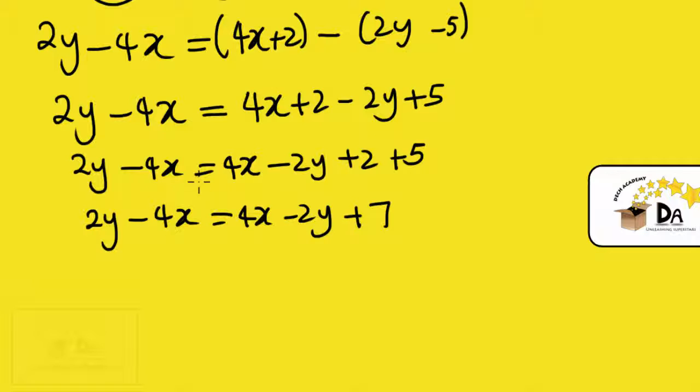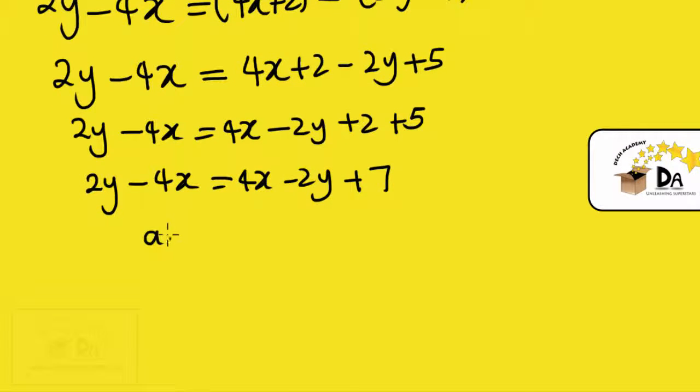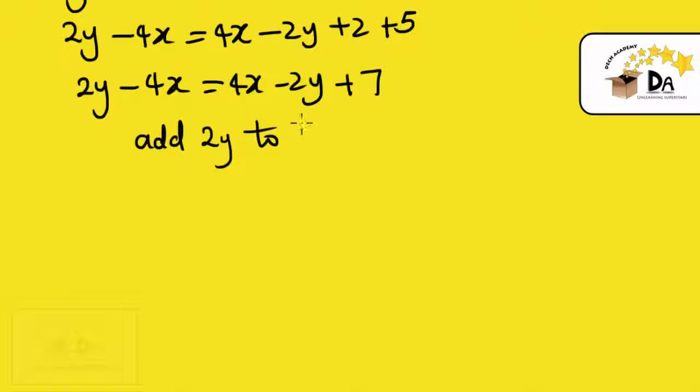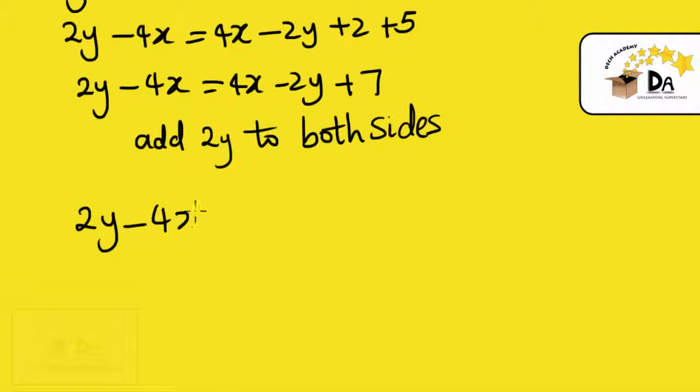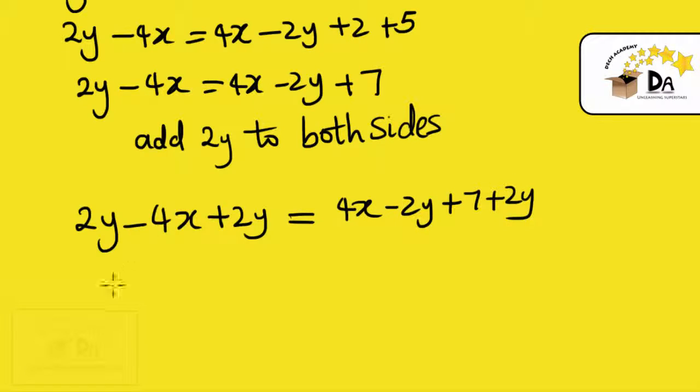So let me take all the y's to one side to see if I can eliminate y. Let me add 2y to both sides so I can get rid of 2y from the right-hand side.